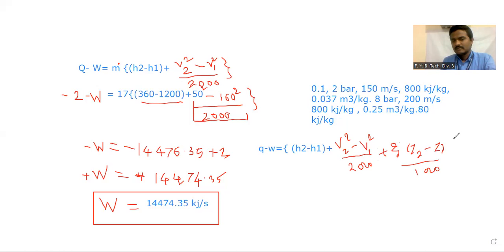Bracket complete. Now substitute the values.